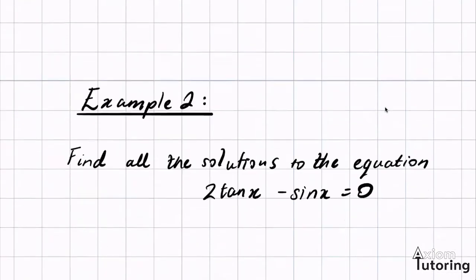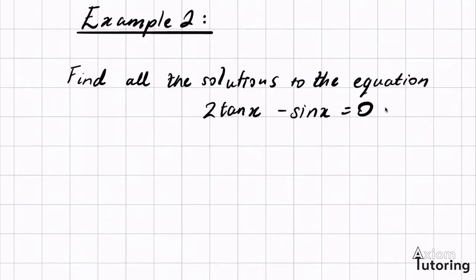So let's move on to the second example. We want to find all the solutions to the equation 2 tan x minus sine x equal 0. So firstly, recall that tan x equals sine x over cos x.